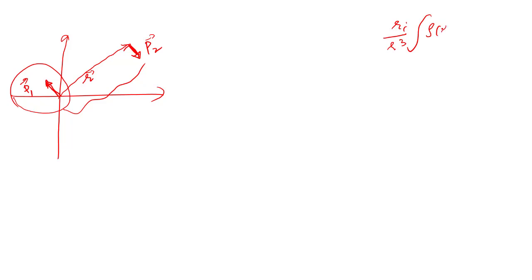integral rho of r prime d cube r prime and another r prime here, right? So we call this p_i, right? And then we had p_i r_i by r cube. So we later saw that this is nothing but p dot r by r cube.